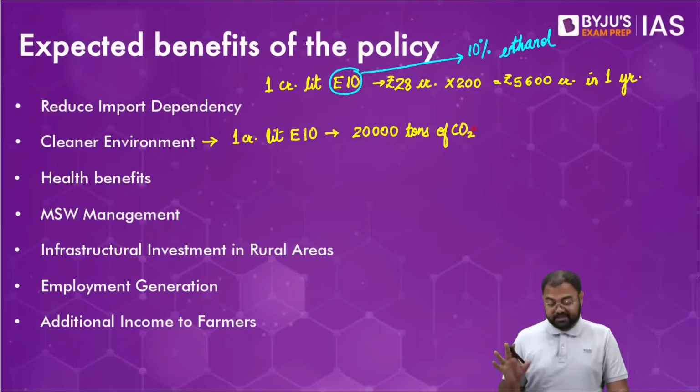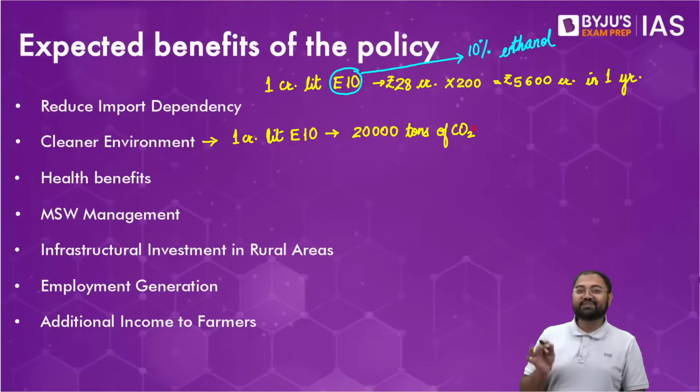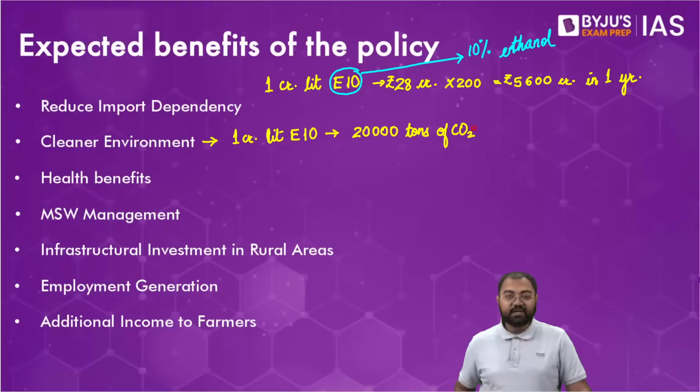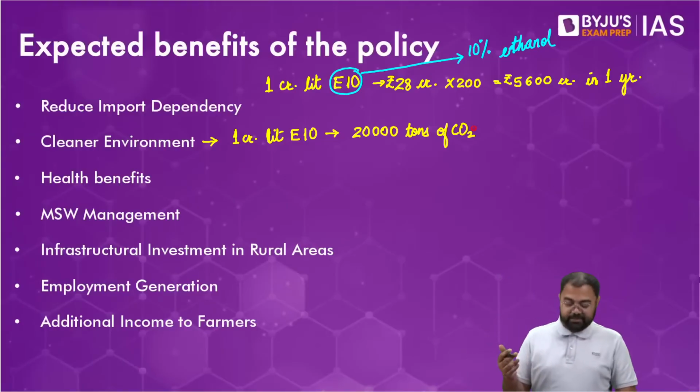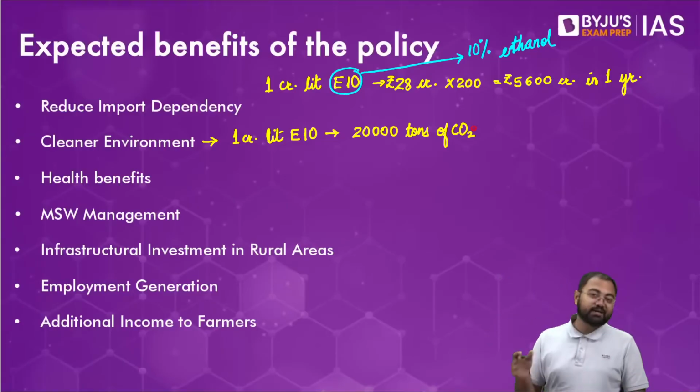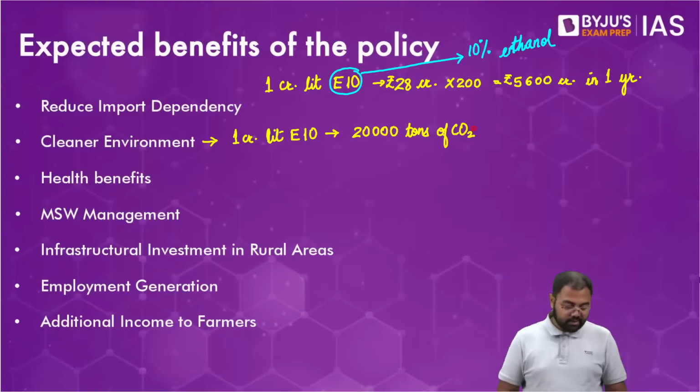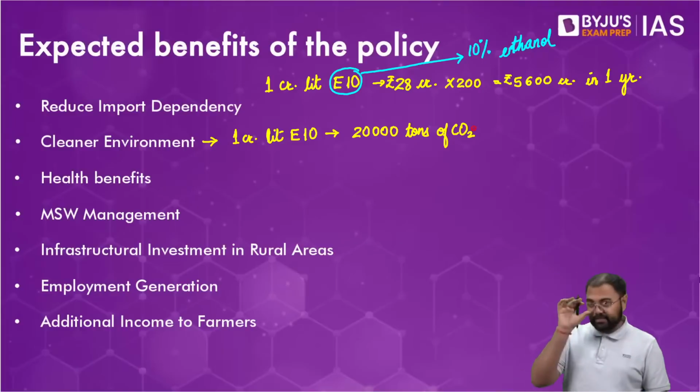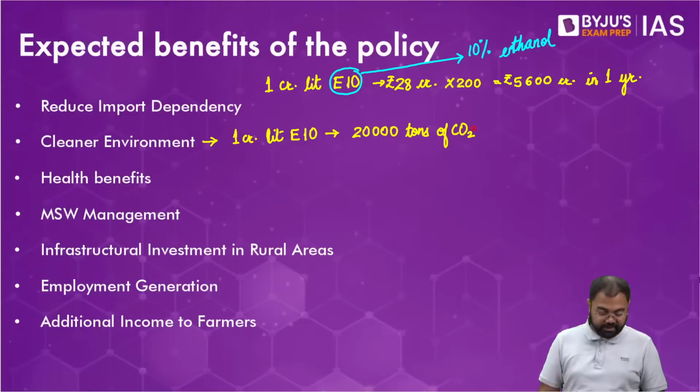Just imagine that if we are talking about 200 crore liters production in a given year, then when you multiply this number by 200, just imagine the kind of reduction in carbon dioxide emission that we are looking at. So this also becomes a major advantage from the perspective of the environment.